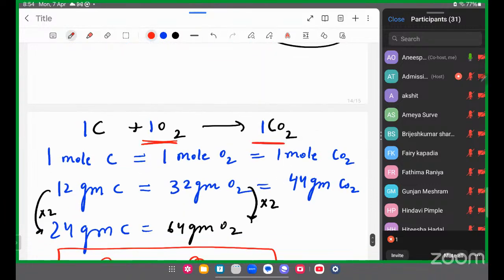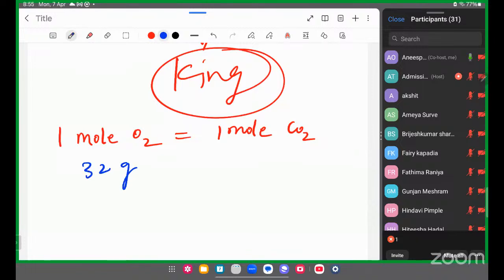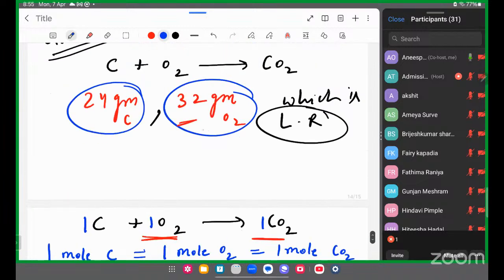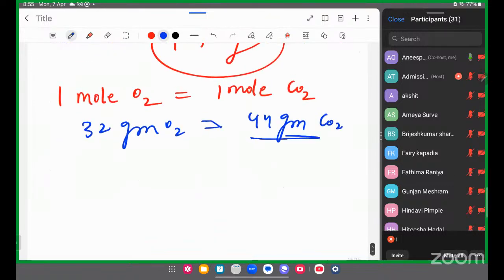This is 1:1, which clearly states that if we have 1 mole oxygen, 1 mole CO2 is obtained. In grams, 32 gram oxygen will give 44 gram CO2. And we have exactly 32 gram of oxygen. So CO2 will be 44 gram.